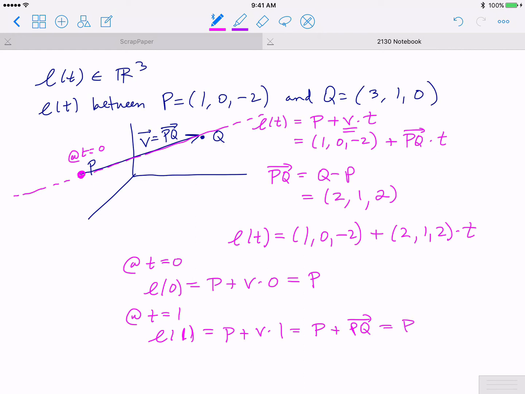The p to q vector is the difference of 2 points, and therefore the p's cancel and you're left with q. So we are at q at time t equal to 1. So we're moving along the line in this direction. Okay. You could pick any other time. We'll be somewhere along here, these points, maybe at times between 0 and 1.